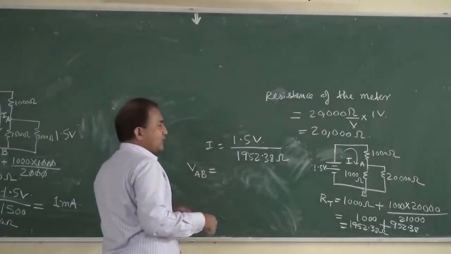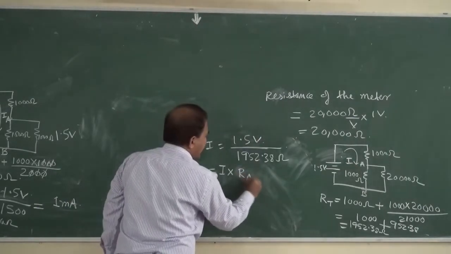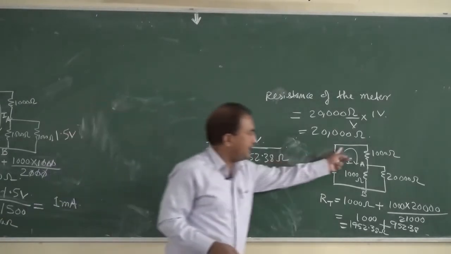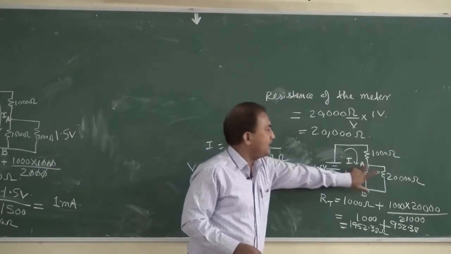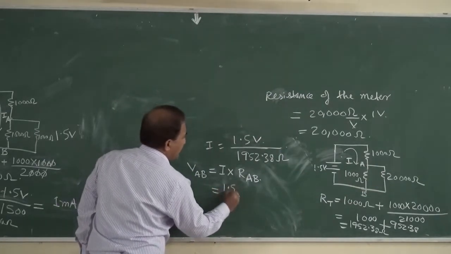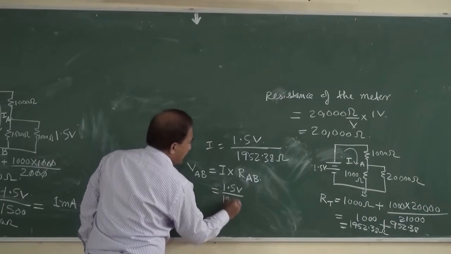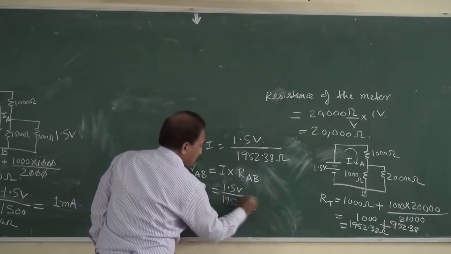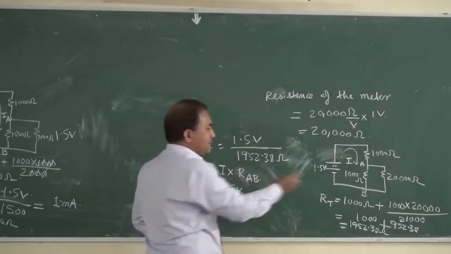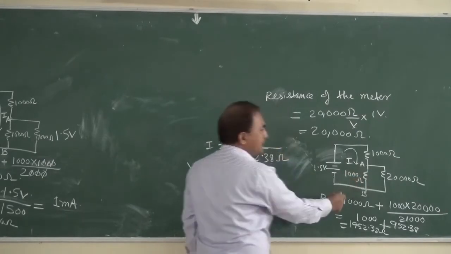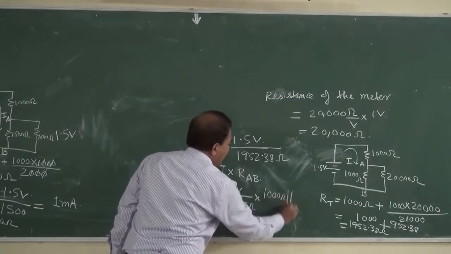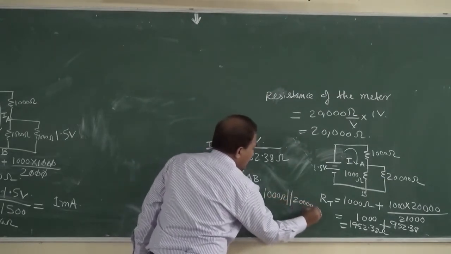VAB is equal to this current I into the resistance across AB. I is equal to 1.5 volt divided by 1952.38 ohm, the total current. And how can we determine RAB? RAB is equal to 1000 ohm in parallel with 20,000 ohm.